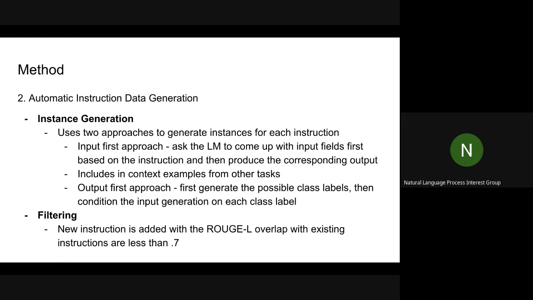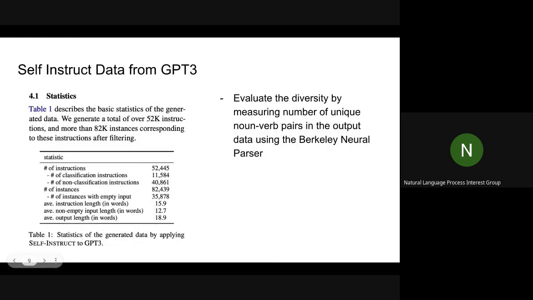And then the output-first approach first generates the possible class labels, then conditions the input generation on each class label. For filtering, new instructions are added if the Rouge-L overlap with existing instructions is less than 0.7, then they add it back in.